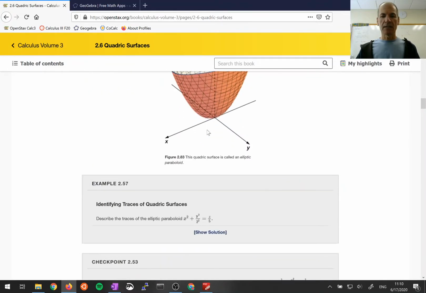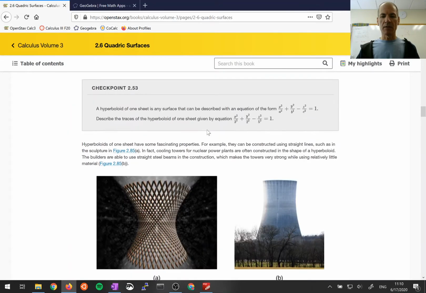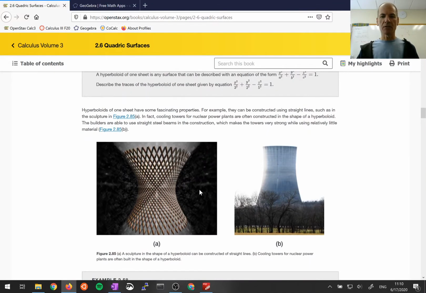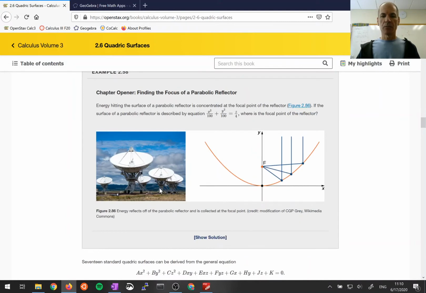There's a hyperbolic surface, hyperboloid, and we see them in cooling towers in all kinds of situations. We see parabolic reflectors, these parabolic dishes. So lots of applications involving what we call quadric surfaces.